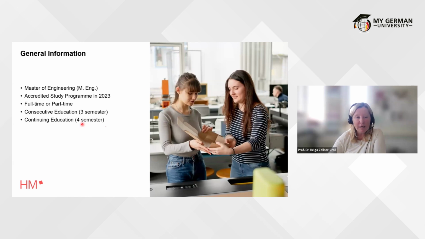So if you already have a Bachelor of Engineering in the field of paper technology, you can enter the consecutive education program. If you have any kind of engineering background as a bachelor degree, you can join us in the continuing education program.